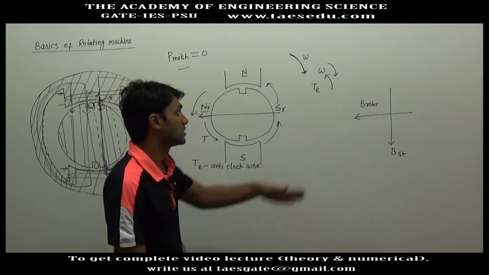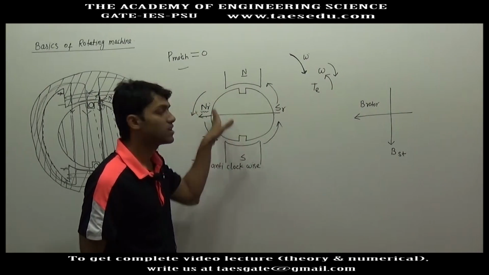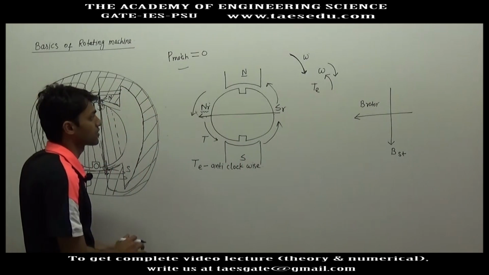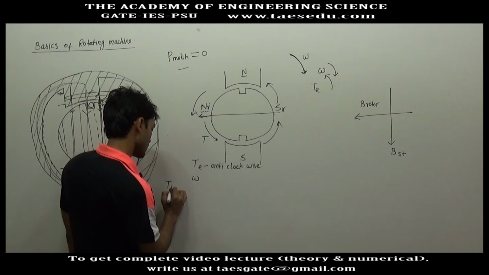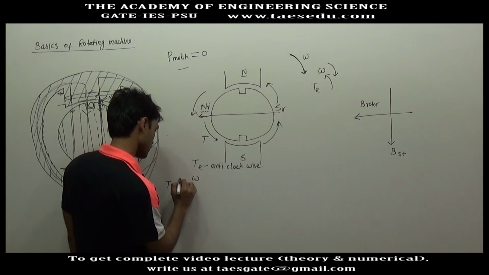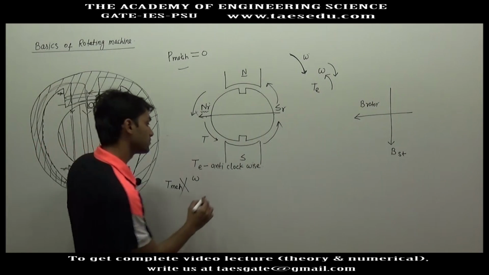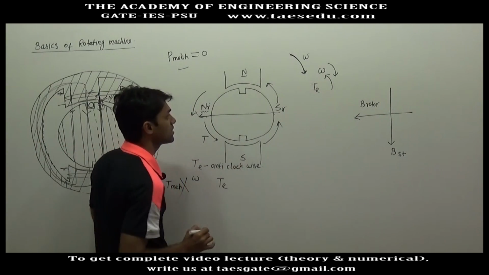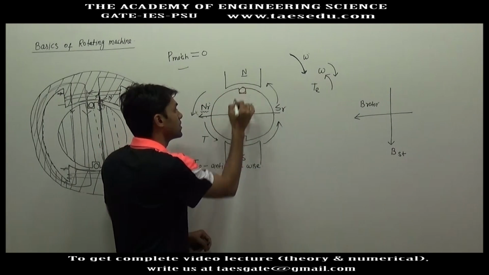So if this torque is opposite to the speed, after some time this rotor will stop rotating. After giving an initial speed of omega, if you disconnect the mechanical torque and do not give any mechanical input, the electrical torque will be present as long as current is flowing in this conductor.